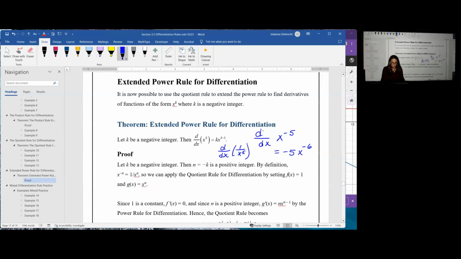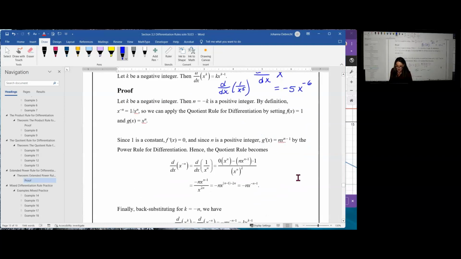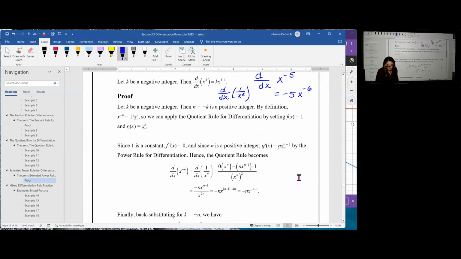Now I can apply the quotient rule and the power rule since my power is now positive. Applying the quotient rule, remember that the numerator is a 1. The derivative of a constant like 1 is 0.